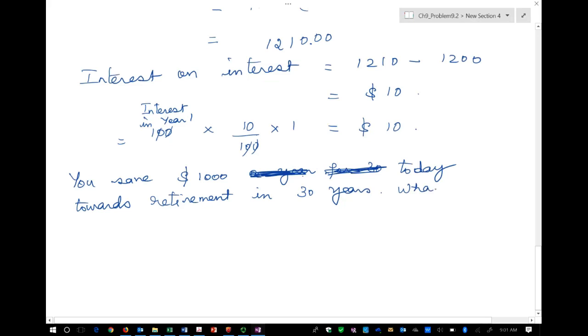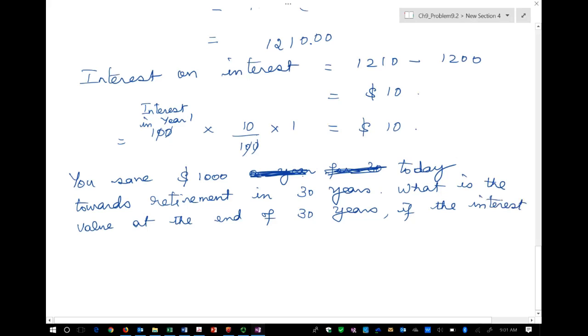What is the value at the end of 30 years if the interest earned is 6%?